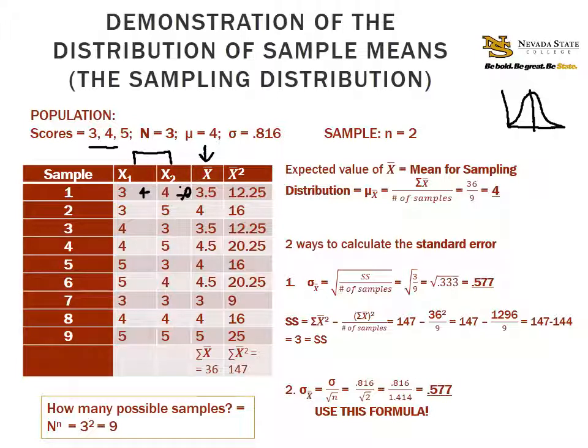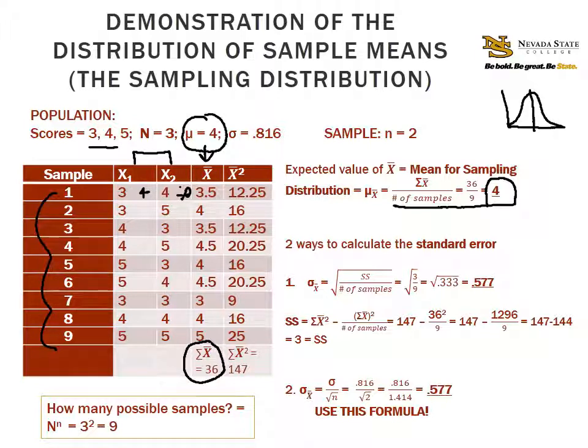So check it out: if we add all of these means together, we get 36. We divide that by the 9 samples, and we get a mean of 4. So the mean of all the possible sample means is equal to the original population mean.